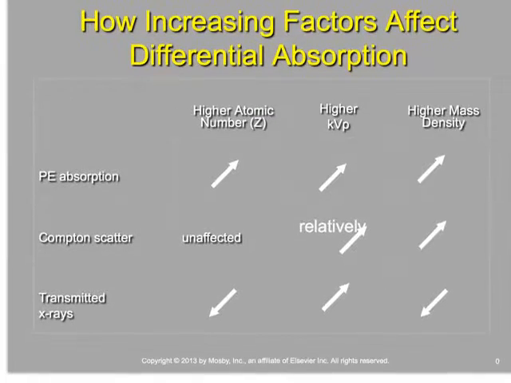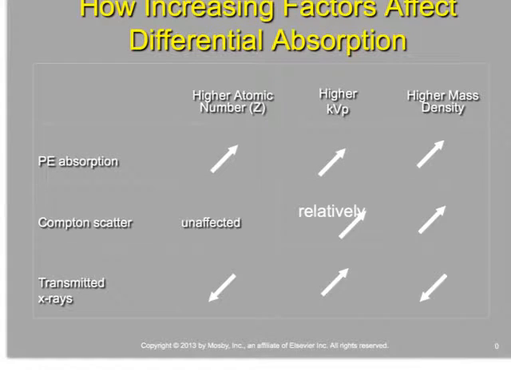This arrow is not correct. It will decrease with an increased KVP. It will also increase with a higher mass density of the patient.